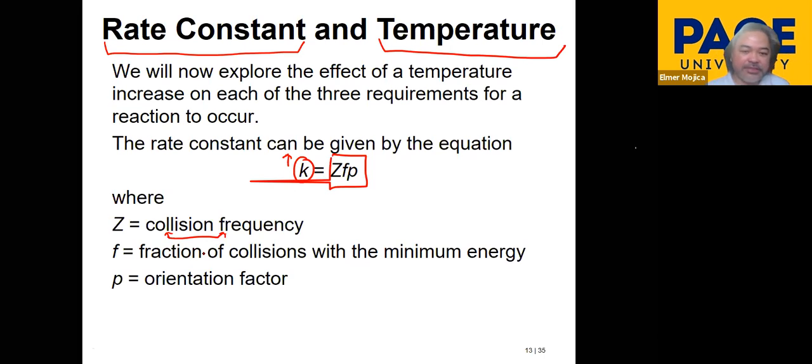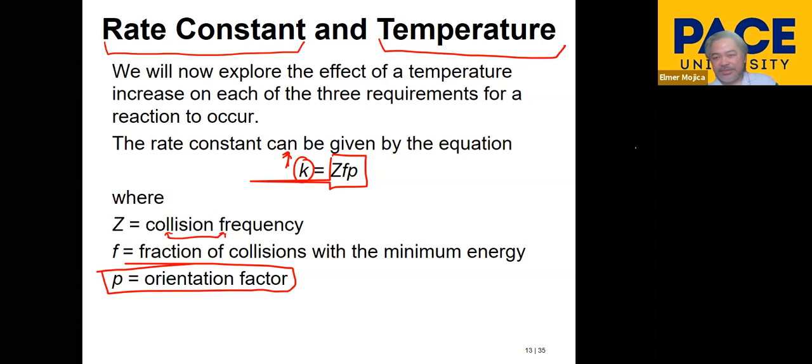Now the second factor that we have here, the fraction of collisions with the minimum required energy. As you could say earlier, as the temperature increases, the molecules move faster, so the collisions also increase. So just like C, your F also will increase, giving you an increase in K. The only one that is not really affected directly is the orientation factor.